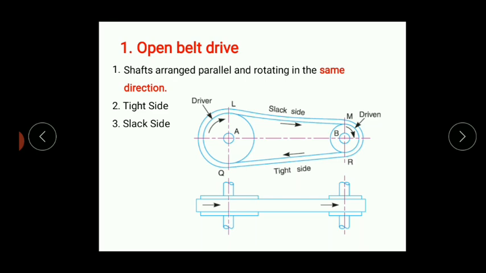You can observe here the driving pulley is here, and this is the driven pulley. The driving pulley is rotating in the clockwise direction, and the driven pulley is also rotating in the clockwise direction. So in the case of the open belt drive, the directions of rotation of the driving pulley and the driven pulley are the same.